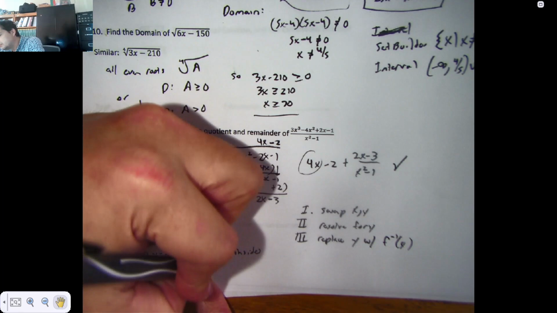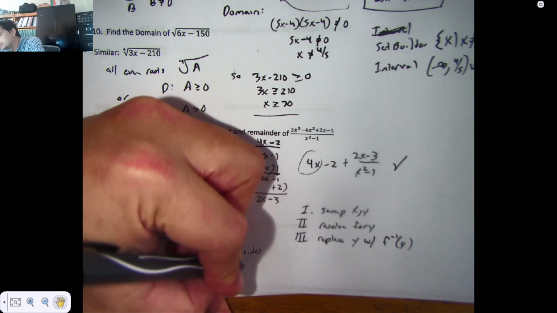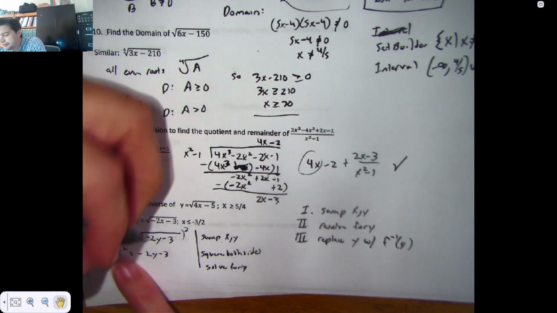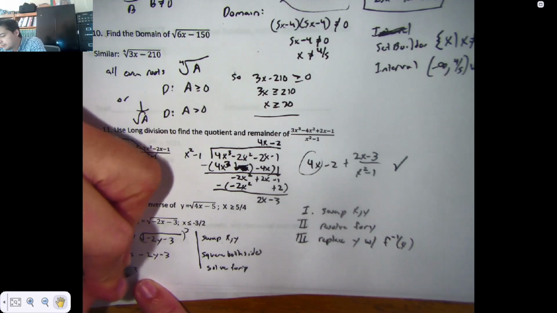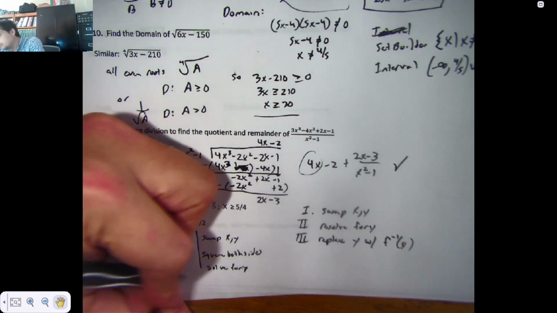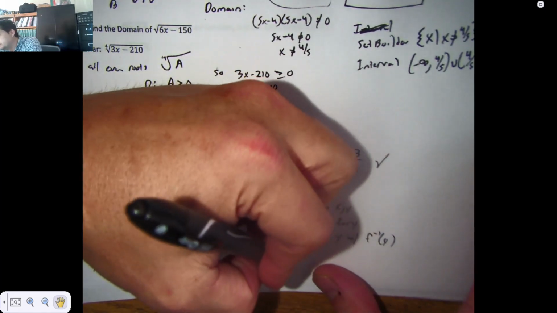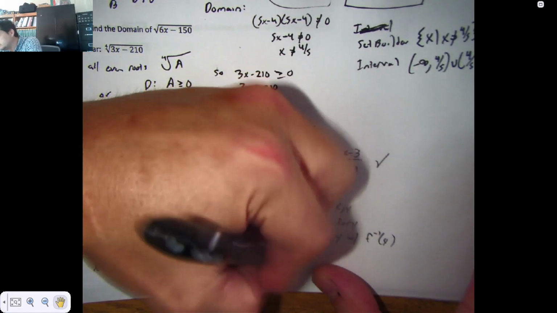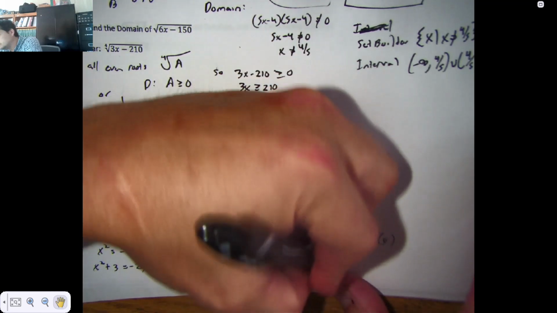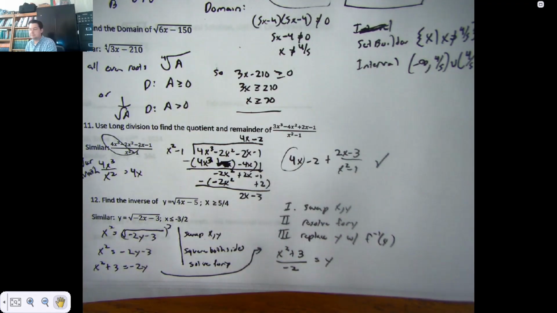And now I'm just going to solve for y. That's going to take more than one step. I'm going to add 3. And I'm going to divide by negative 2. There's my inverse, okay?